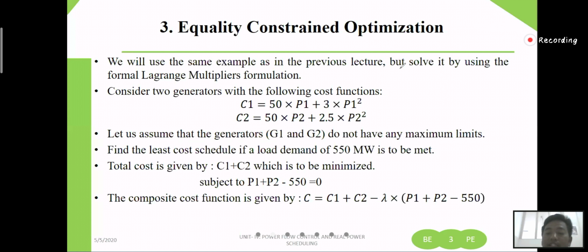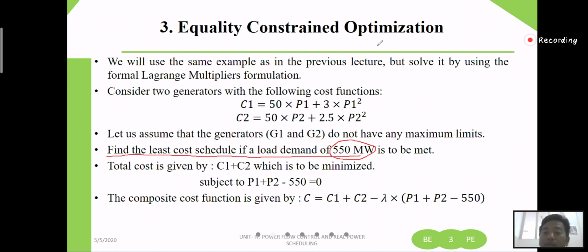If there is an inequality constraint, there will be a minimum and maximum. So here we consider only the equality constraint and carry out the optimization. The question says: find the least cost schedule if a demand of 550 megawatt is to be met.